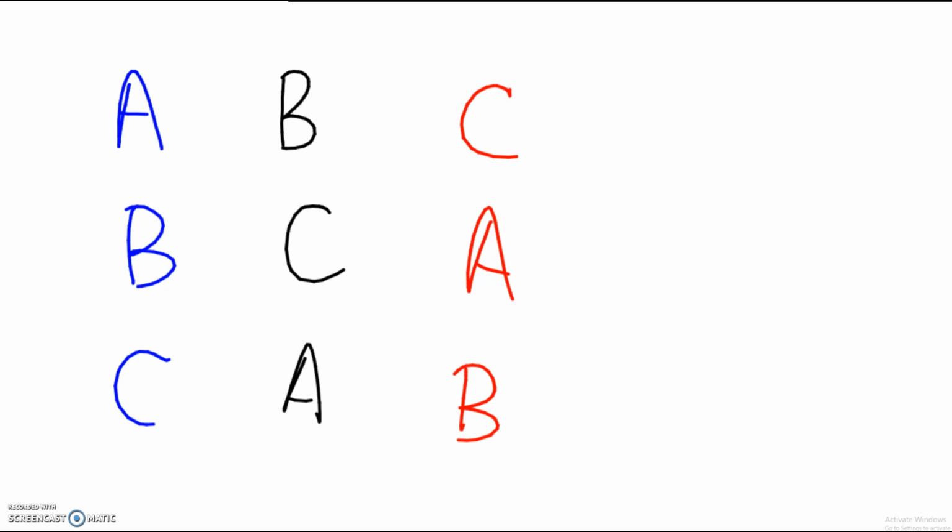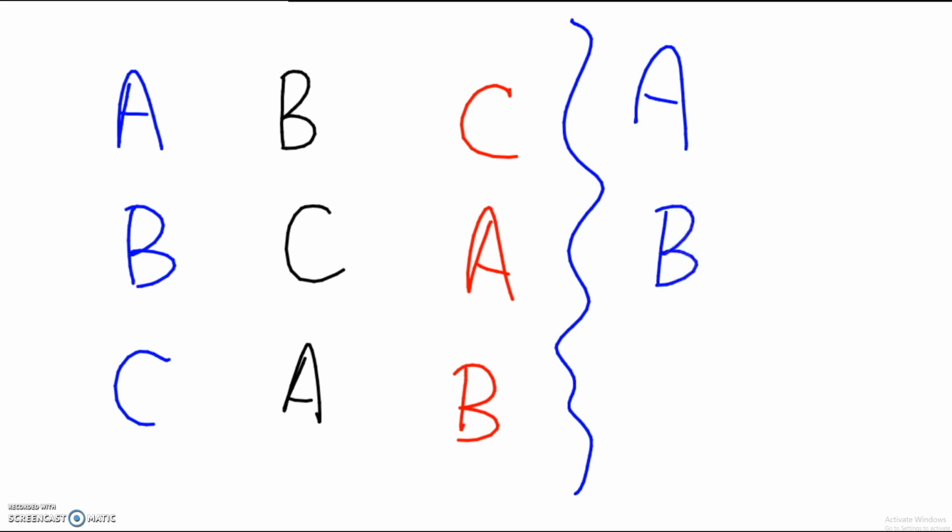Or we could say, let me draw another. That we would have person A, person B, person C, and then we can switch the orders of the other 2.